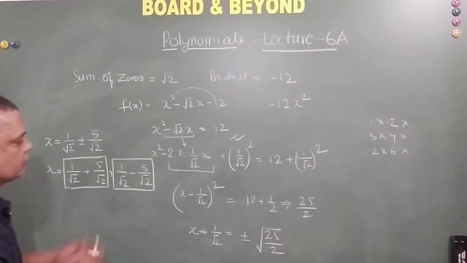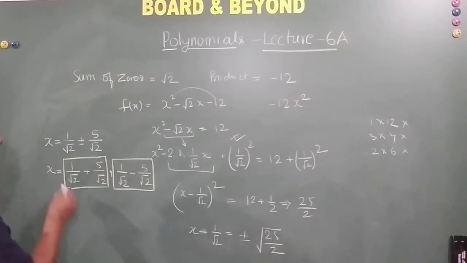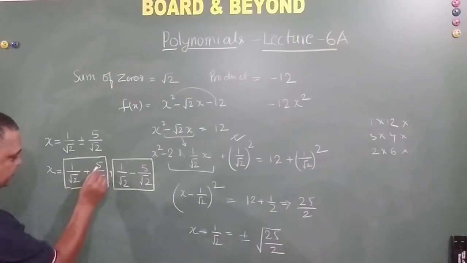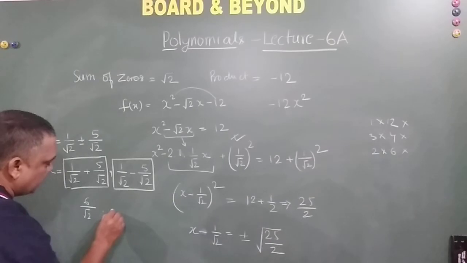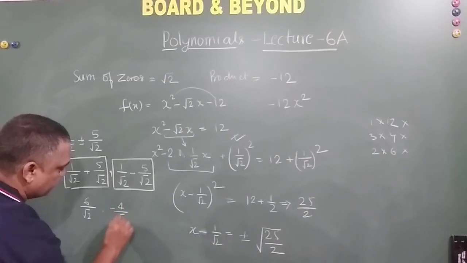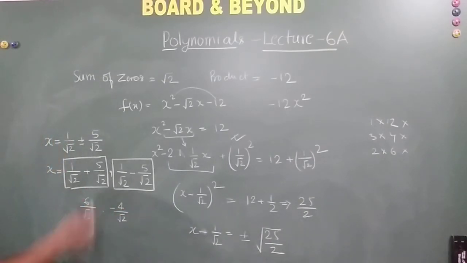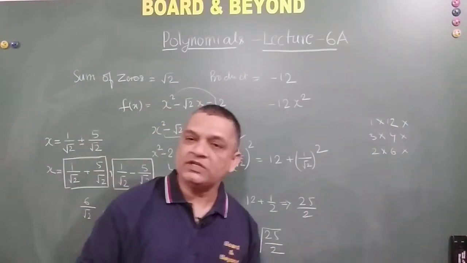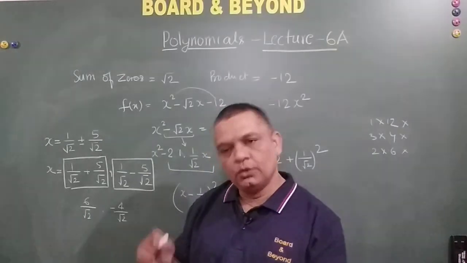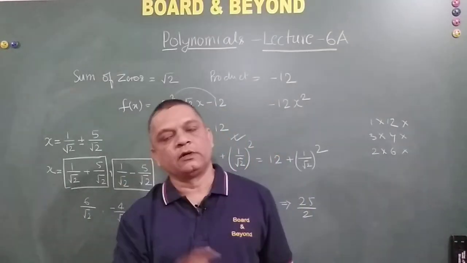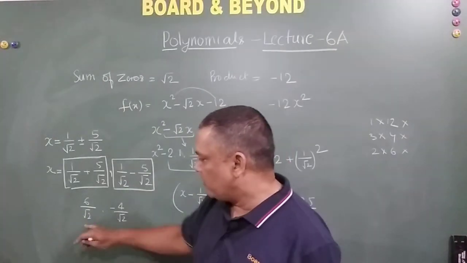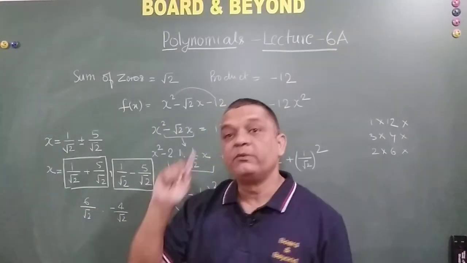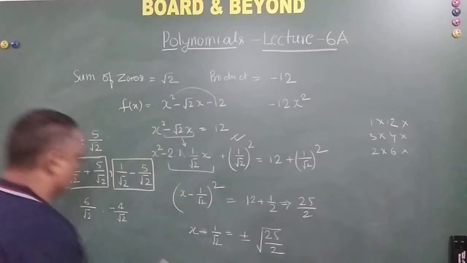Now we can actually solve a little further also, my dear friends. So this becomes 6 by root 2 and this becomes minus 4 by root 2, right? After taking LCM. So 6 by root 2, we know that 6 is equal to 3 into 2, which is also equal to 3 into root 2 into root 2, correct? So one root 2 will get cancelled, leaving behind 3 root 2.